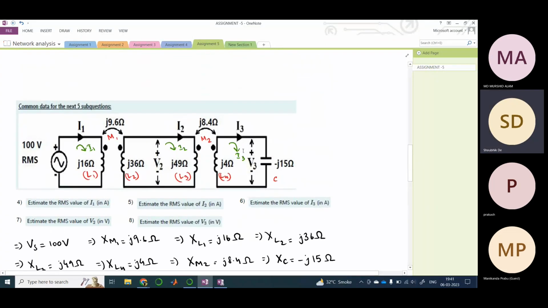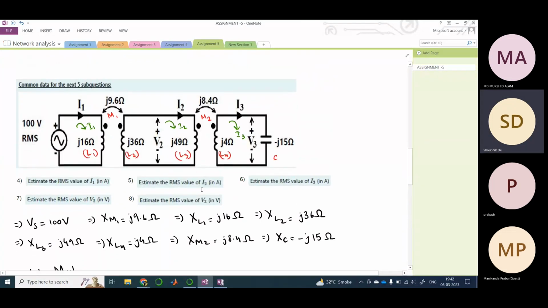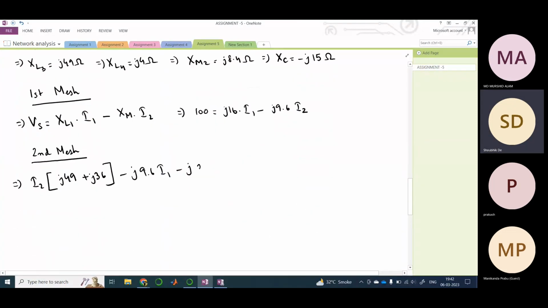Again, here I3 is entering through the negative part of L4, but I2 is entering through the dotted part of L3, J49. I3 is entering through the negative part of J8.4. Therefore, again minus, right? And how much is it? 8.4 I3, right?